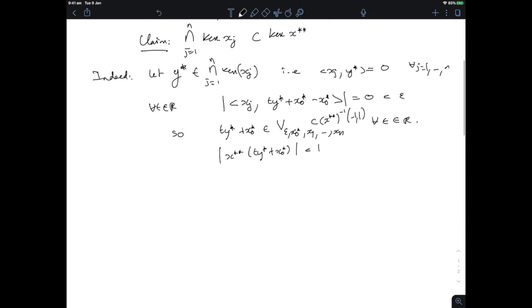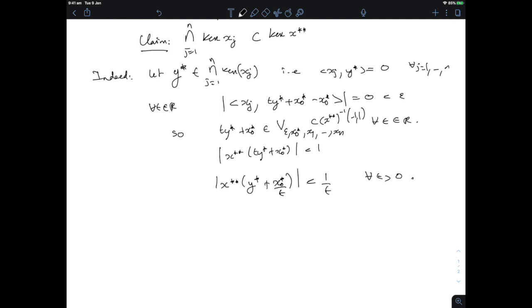But that in turn tells me that x double star of y star plus x naught star divided by t, if I divide by t on both sides for a non-zero t, has to be smaller than 1 upon t for every positive t.